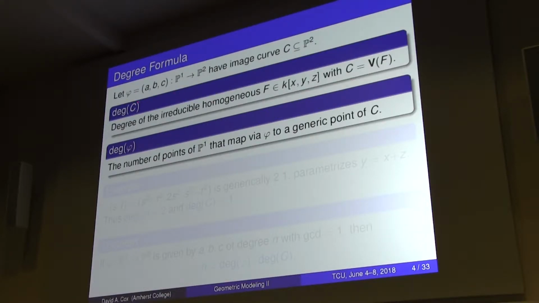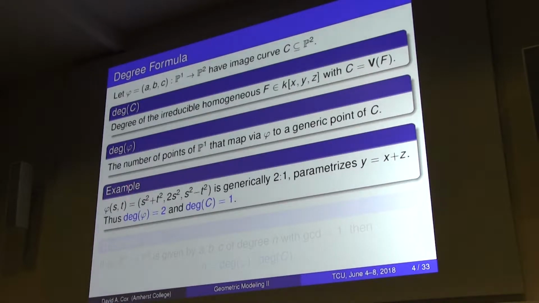And the degree formula is that, so here we have our situation, and there are two degrees involved, because of course, I'm thinking of the curve being parameterized in the plane. That has its degree, and that's basically the degree of the irreducible homogeneous polynomial that defines the curve. But also the function might have a degree, because it's the number of points that map via phi to a generic point of the curve.